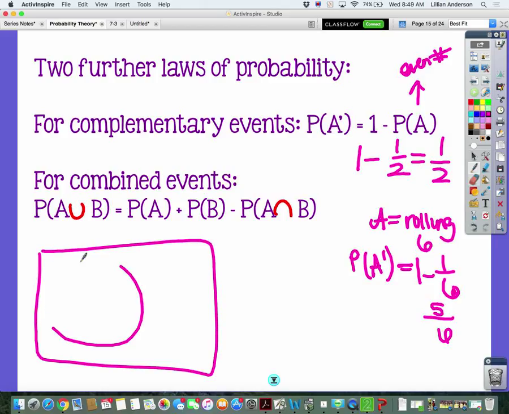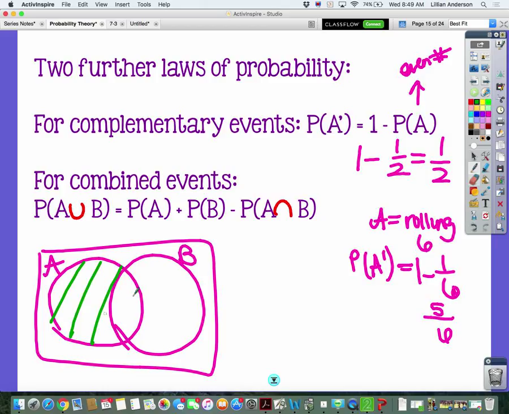So basically, when you look at a Venn diagram, you have A and B. When you're trying to find the probability of the union, you take the probability of A, you take the probability of B, and then you subtract the intersection. Because if we take the probability of A and the probability of B and add them together, we're basically counting the middle twice. So we need to subtract the intersection to take away one of the times that we counted. And then that would give us the full probability of the union.